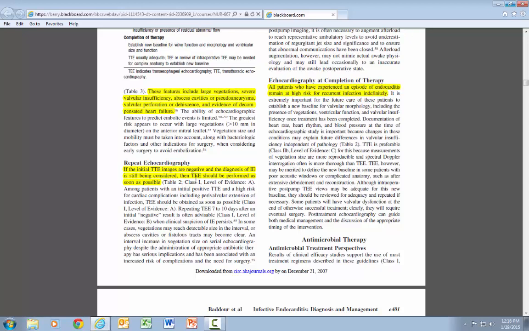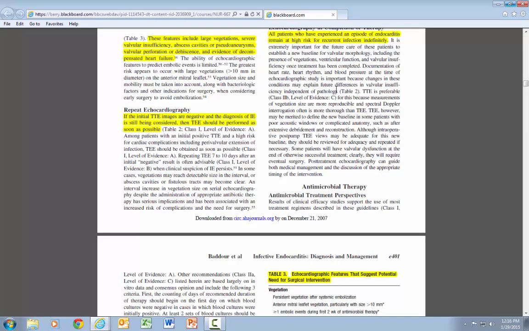Any patient, after you start antimicrobial therapy, you should repeat the echocardiogram. All patients who have experienced an episode of endocarditis remain at high risk for recurrent infection indefinitely. So that's the reason why you should follow the patient with echocardiography when they had prior endocarditis or recently finished a treatment.